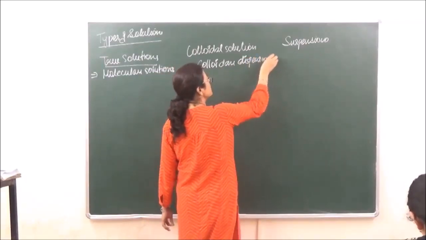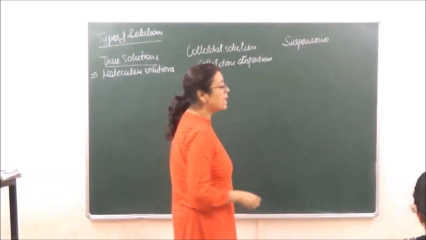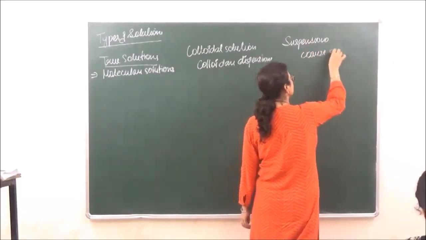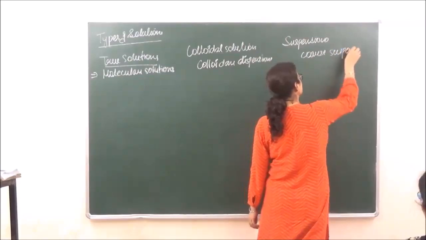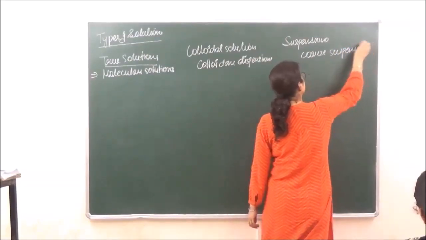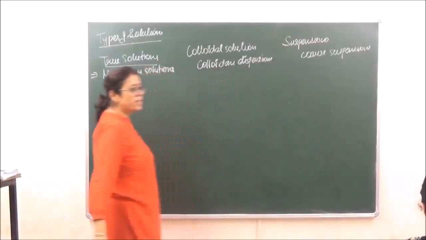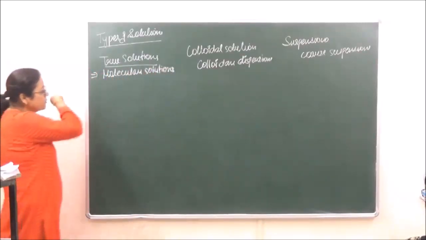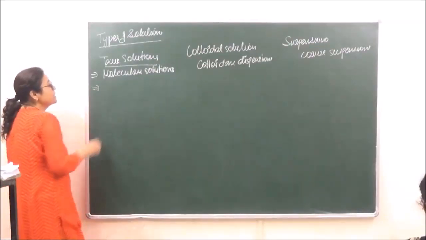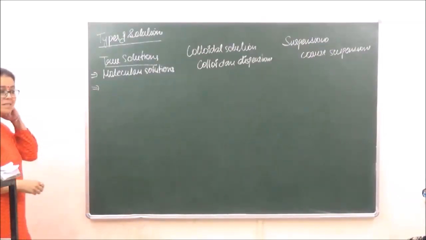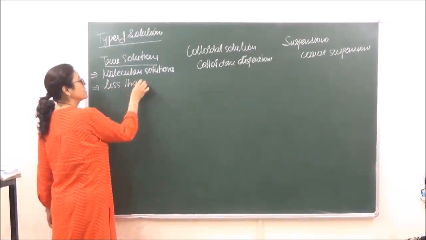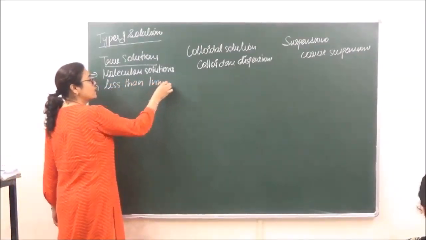Colloidal dispersions and suspensions are also known as porous suspensions. Okay? So this is how we classify them when we are differentiating between the three. In case of true solutions, the particle size is less than 1 nanometer.